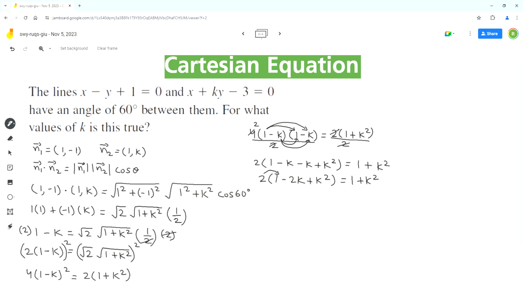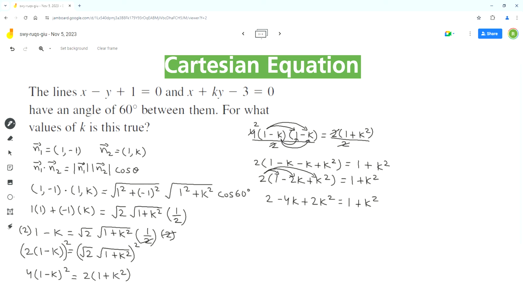We'll multiply each term in the parentheses by 2. To solve this equation, we should set this equation equal to 0.